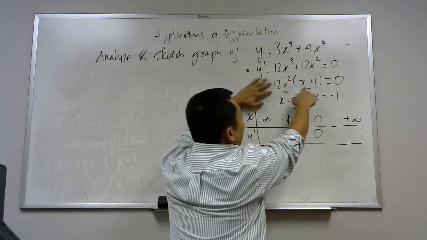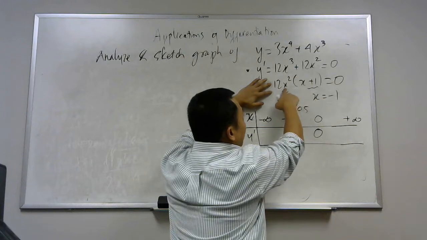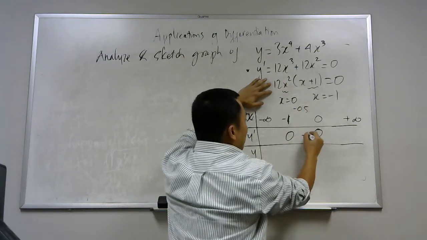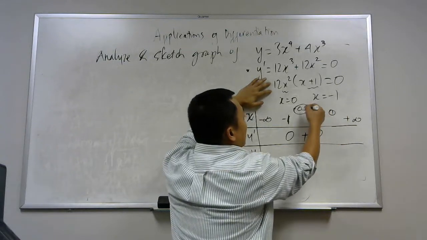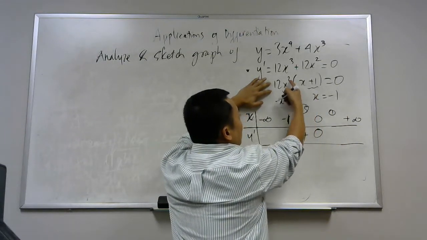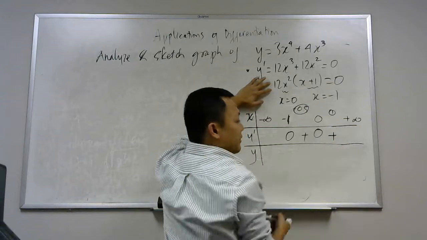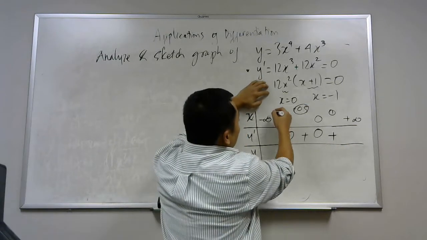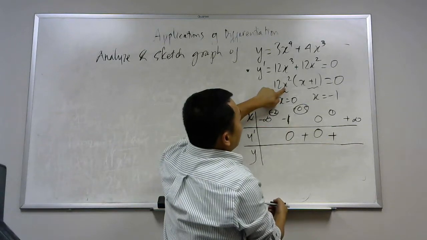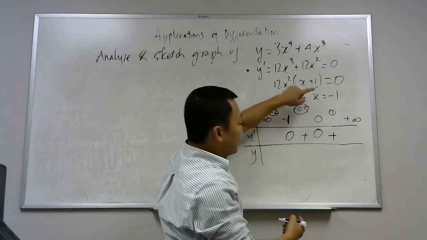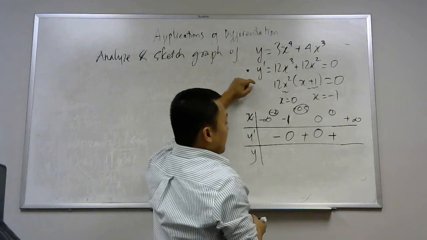I plug negative 0.5 into this and get positive, and here I have a square, so this is still positive. In here I can pick 1. I plug 1 in, 1 squared is positive, so positive. In here I can pick negative 2. Plugging negative 2 in, the square is always positive, but negative 2 plus 1 is negative 1, so I get negative here.